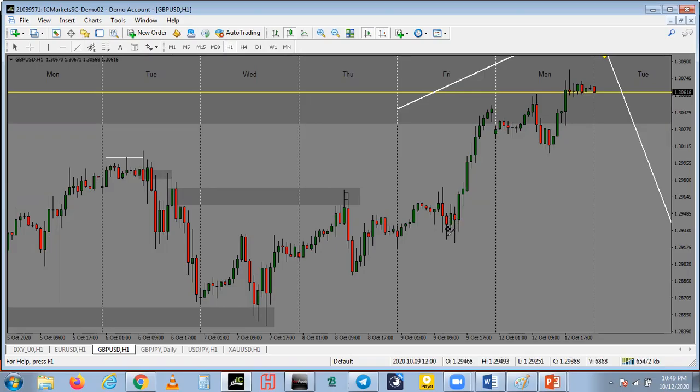So let's say you placed your buy around here. Once you place your buy, price has to trade above the place you placed it for you to be making money. If price doesn't go above it, you're not making money yet.